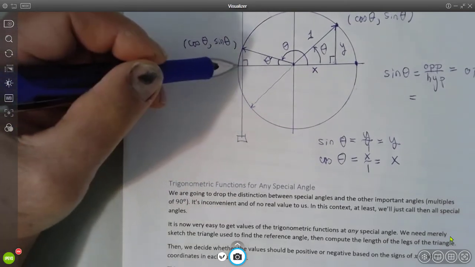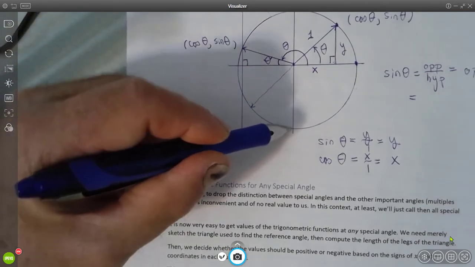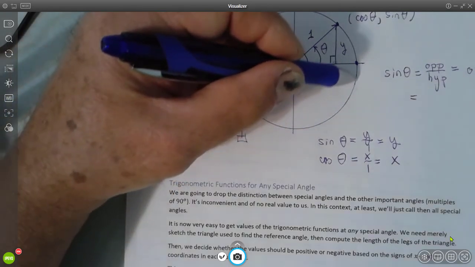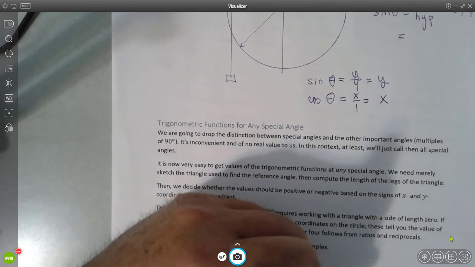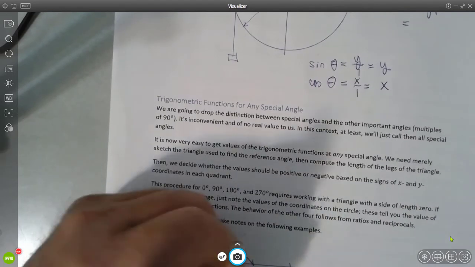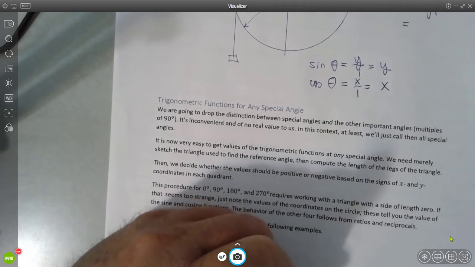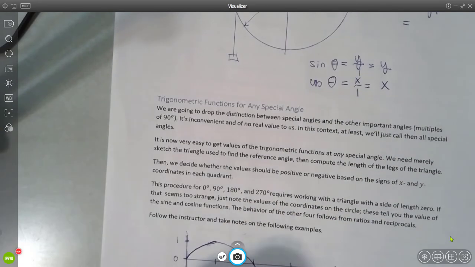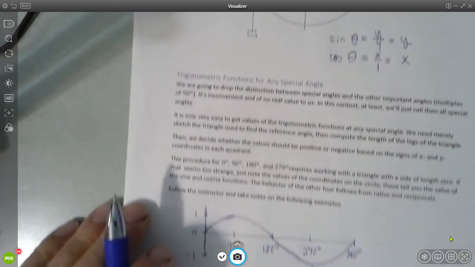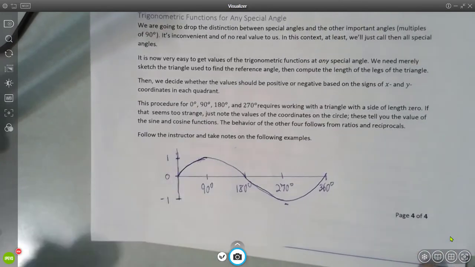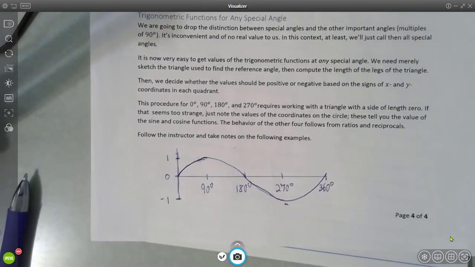So they start at 0, they go negative all the way down to -1, and then they increase back up to 0. So it's the same shape. Going to bottom out at -1 here, but now it's underneath the x-axis, and you get this kind of a pattern here.